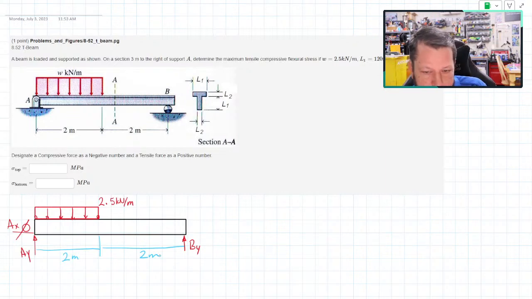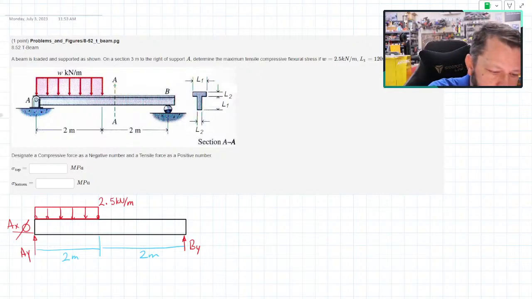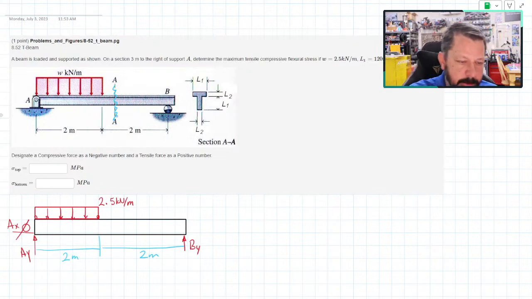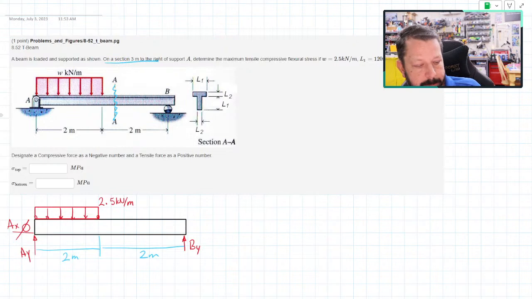What else do we have? So this one is actually a problem that's set up for us to go to a specific spot. So this little AA with the dotted line between it, that's basically what, whenever I go in there and do something like that, that's what it's saying: hey, there's a section that I'm particularly interested in. And this section in this one is 3 meters to the right of the support A, which A is labeled as the pin.